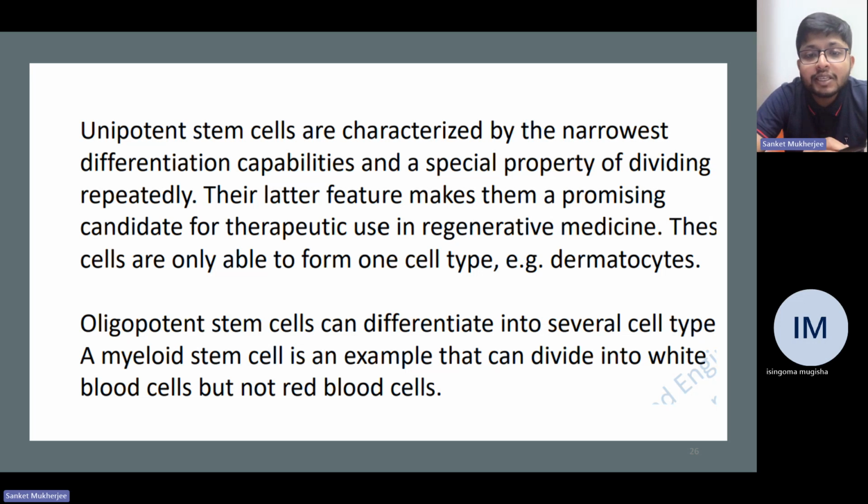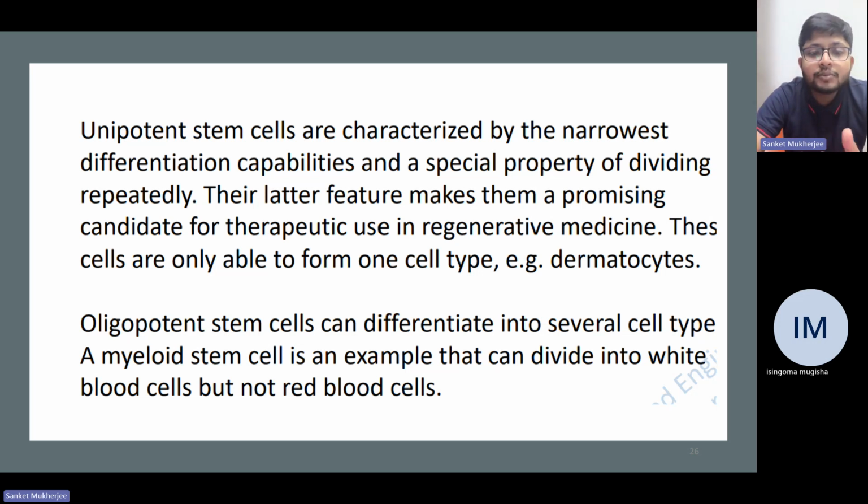The latter feature makes them a promising candidate for therapeutic use in regenerative medicine. These cells are only able to form one cell type, let's say dermatocytes or hepatocytes or lymphocytes. So there's only one kind of cell type that they can form.